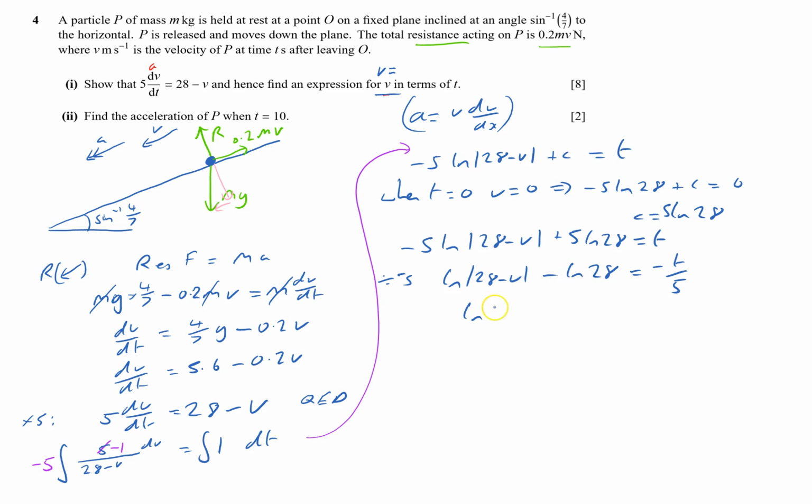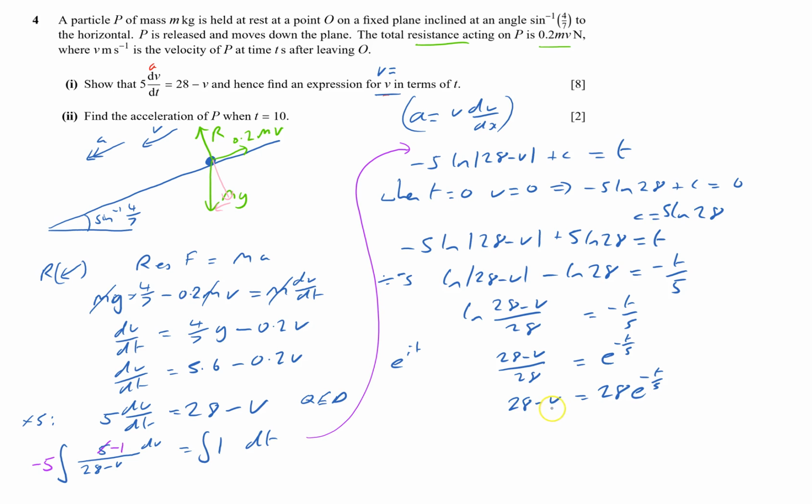So I get ln of (28 minus v) over 28 equals minus t over 5. I want to get rid of the ln, so I do the inverse operation, e to the power, and that gives me (28 minus v) over 28 equals e to the minus t over 5. Times by 28, so 28 minus v equals 28 e to the minus t over 5.